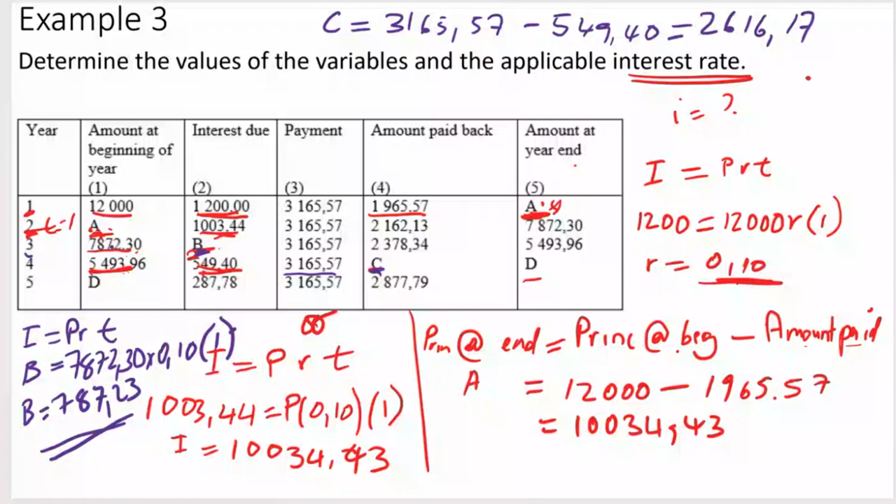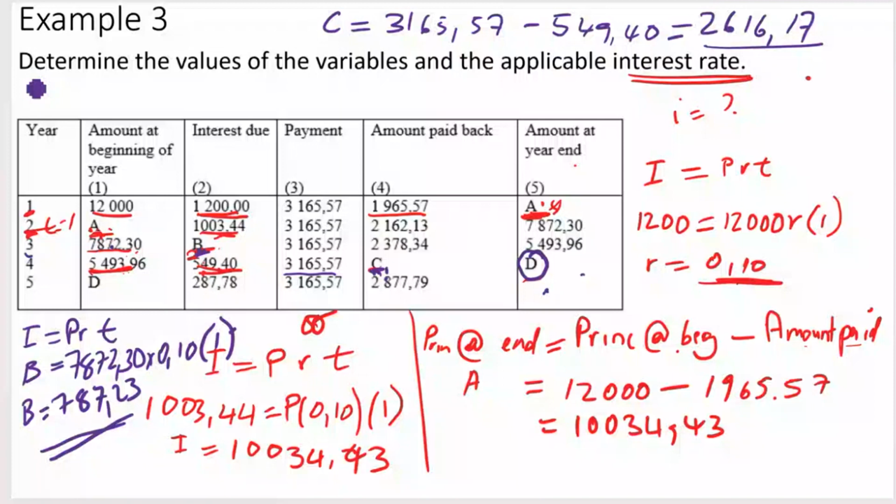Now you need to get your D. When you've got your C, you can get your D. What is your D? It's the amount at the end. This is the amount that you are going to go to your principal and reduce it with.